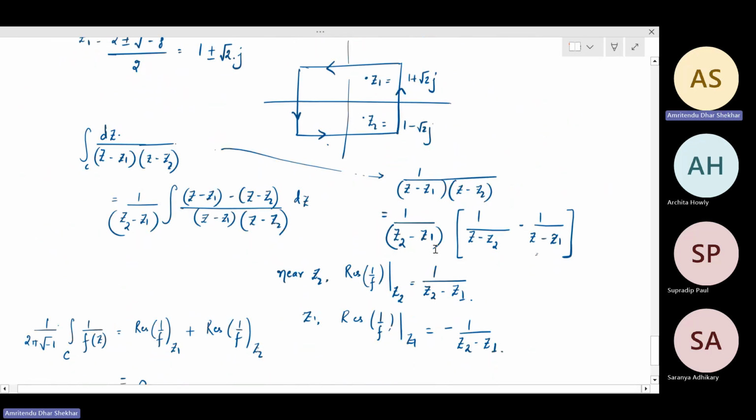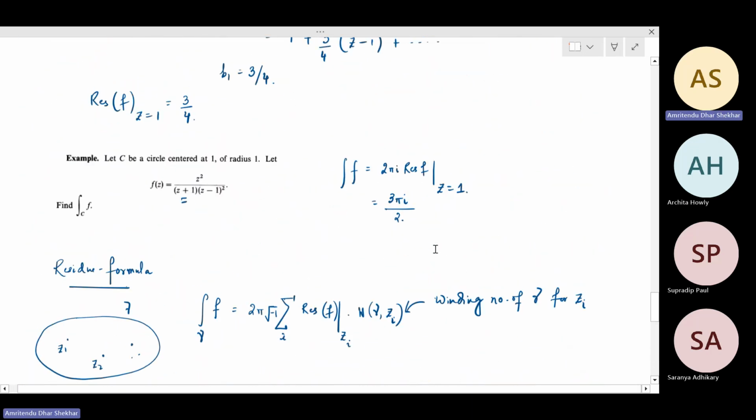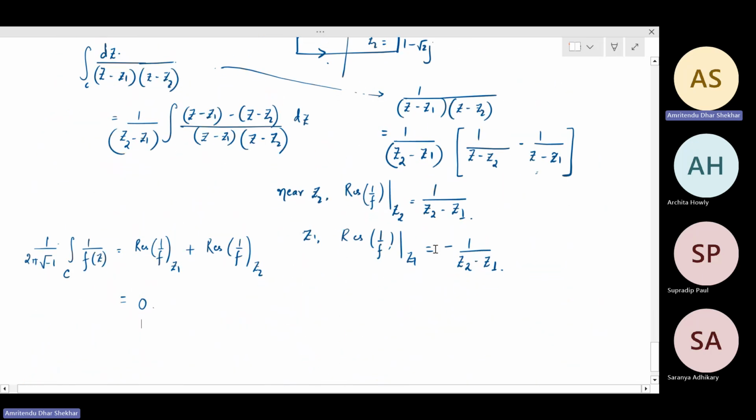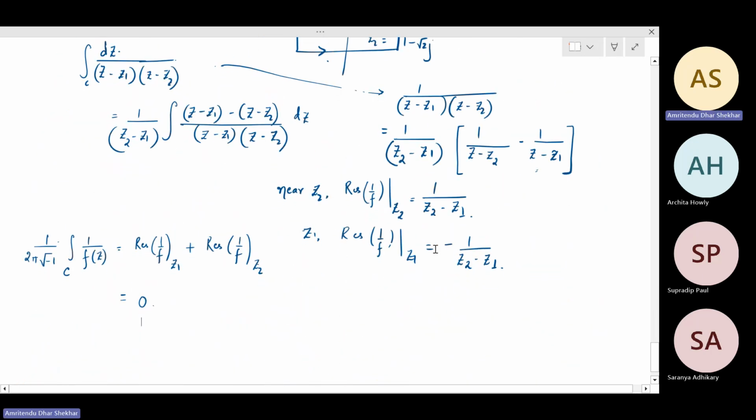This is the last problem that I was looking at for the day. I'll pause for a moment. If you have any questions, you can ask me. Effectively, this is the last class.